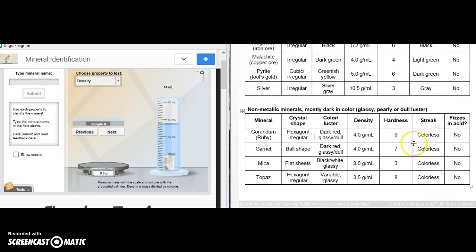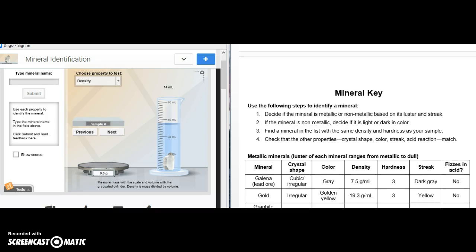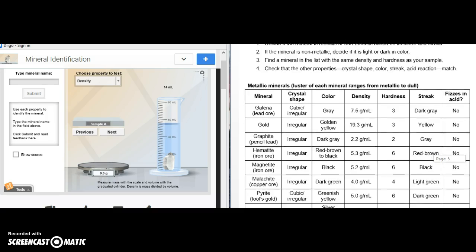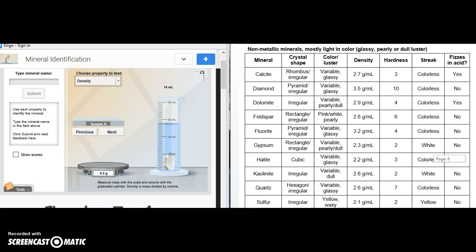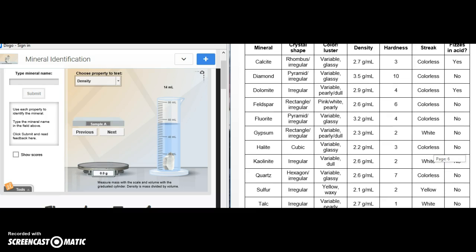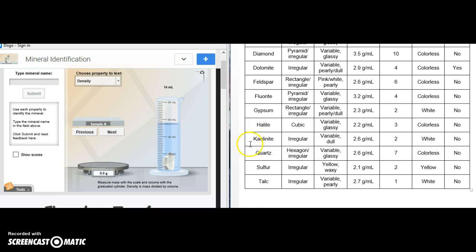Might be, let's see here, keep looking here. Keep losing my cursor, sorry. Something about 2.6 might be kaolinite, but it's not irregular, or quartz, which could be what we're looking at.